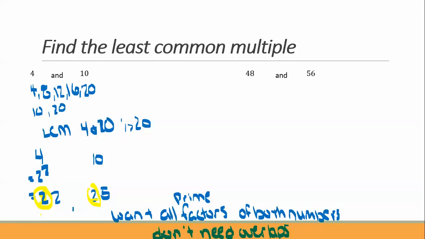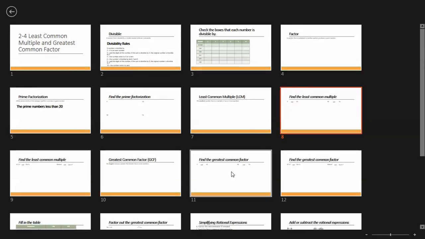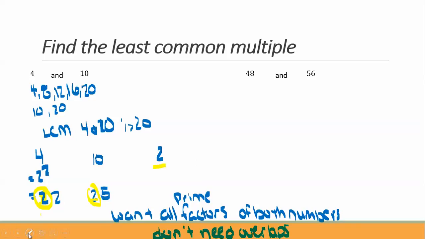We only have to write that once. So we have the 2 that's from the yellow, we'll underline that in yellow. And then we also have this 2, and we also have this 5.